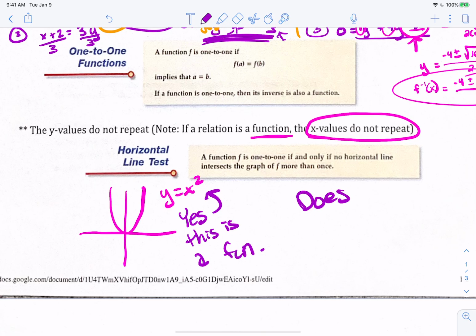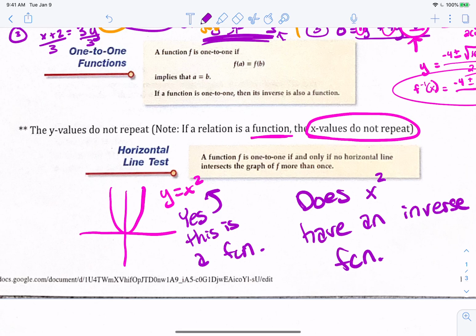Okay? Now, does x squared have an inverse function? Okay? We're going to talk about this. We said that x squared and the square root of x are inverses of each other. But is that inverse a function or is it just a relation? Okay?